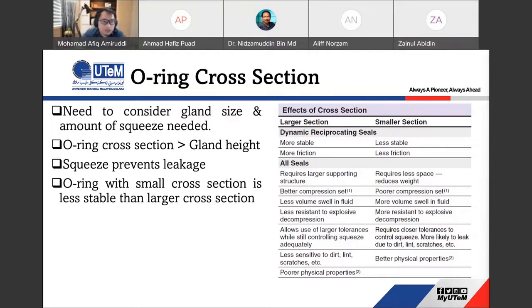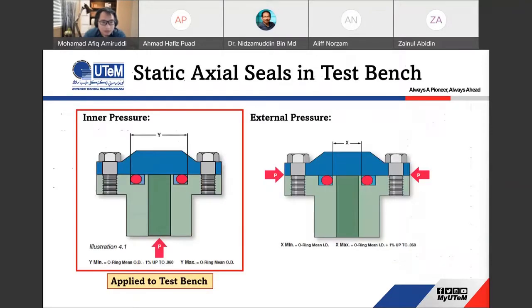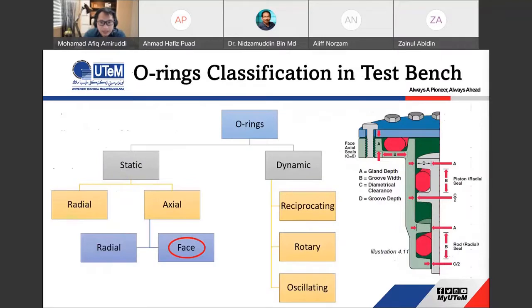You also need to consider the gland size and amount of squeeze needed. And the very important one, your O-ring cross section must be larger than the gland height. The gland height, if you can see on the previous slide, is the A here.